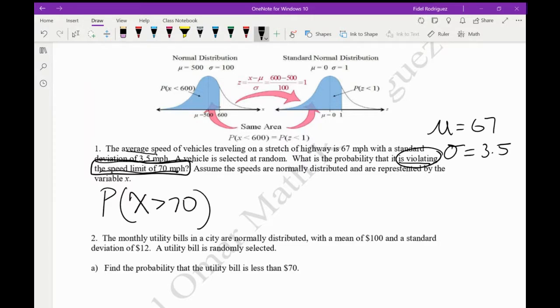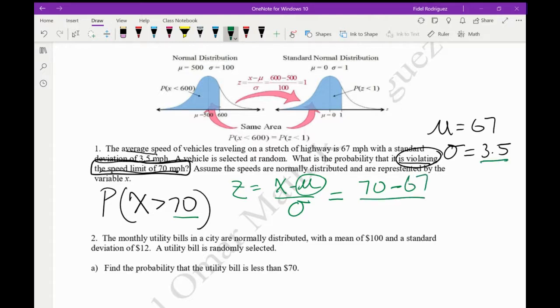70. Now what we're going to do, guys, the first step, we're going to convert our x value to a z-score, okay? So my x value in this case, 70 miles an hour. My mu in this case we said was 67, and our sigma we said was 3.5.